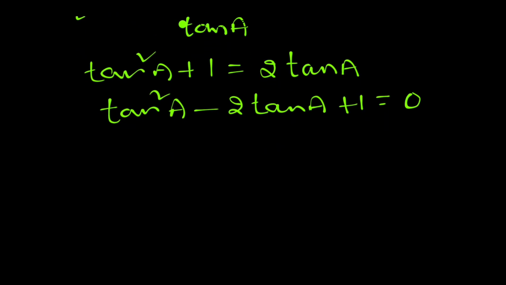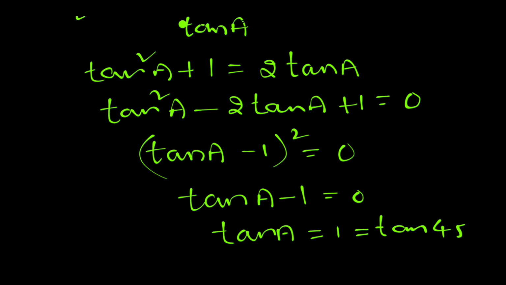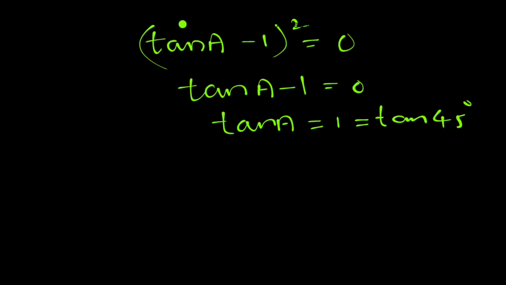So next step, we can write this as tan A minus 1 whole square equal to 0. Tan A minus 1 is also 0. Tan A is equal to 1, that is nothing but tan 45 degrees. So what A value did we get? A value is 45 degrees.